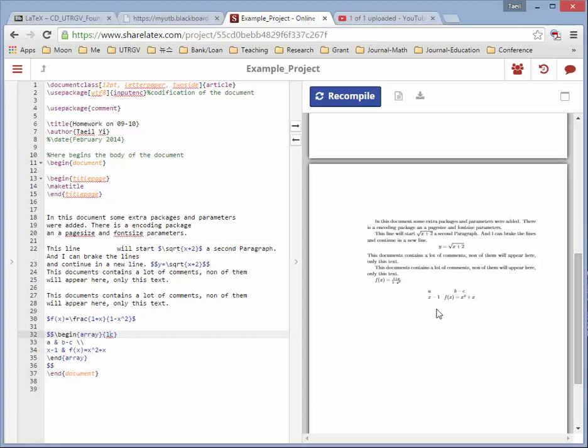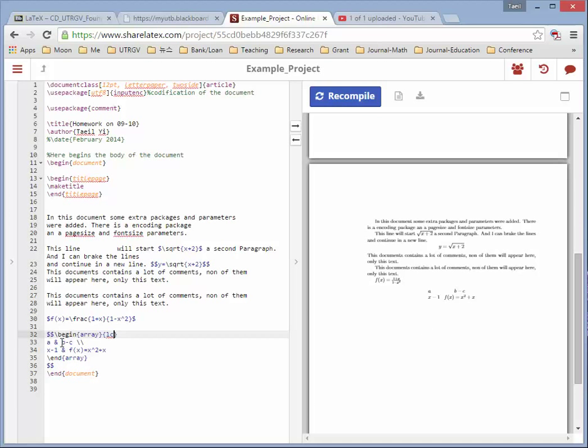Then the first column inputs are all arranged on the left hand side. So you have three choices here: for each column, you could choose r, l, or c. Just a combination of these, and the number of them, no matter what, tells how many columns you want to make in this kind of table style.